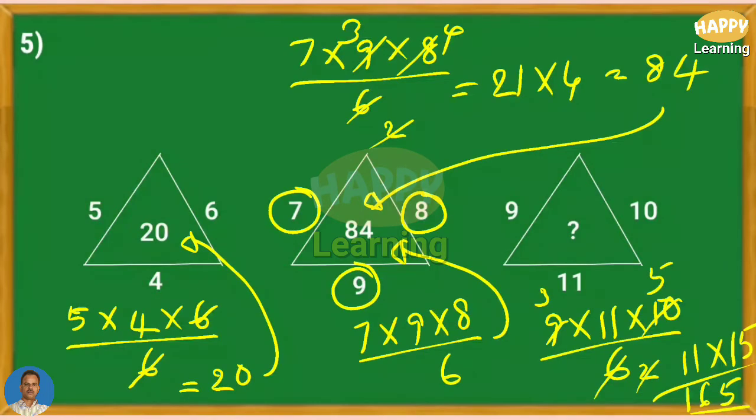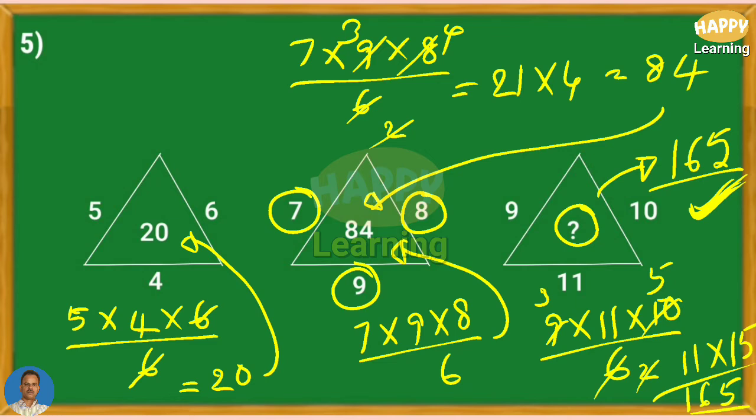So this question mark should be 165. So this is the answer. So 165 is the answer. So in the third diagram, at the center of this triangle, in place of question mark, the value should be 165. Okay.